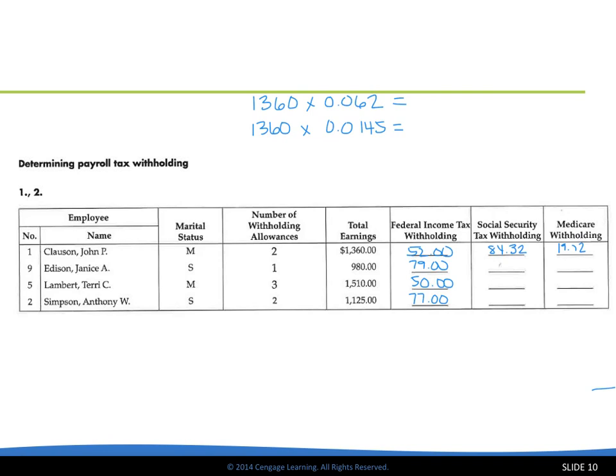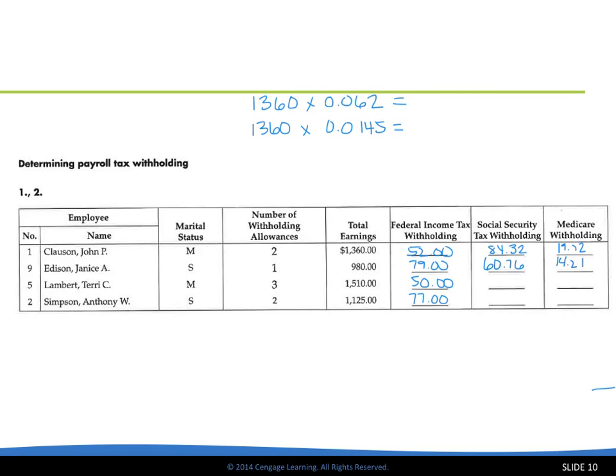So to find my next employee's Social Security tax withholdings, I take that $980 and multiply it by the 6.2%. That is going to give me $60.76. To find my Medicare withholdings, I multiply that $980 by the 1.45%, which will give me $14.21.